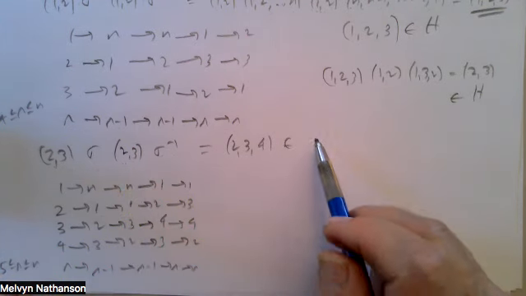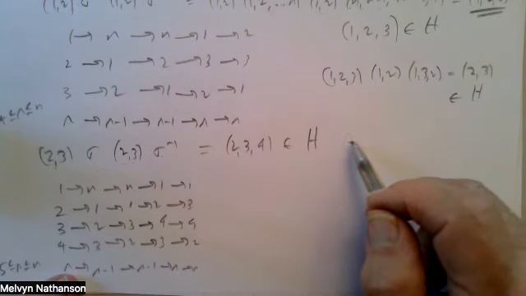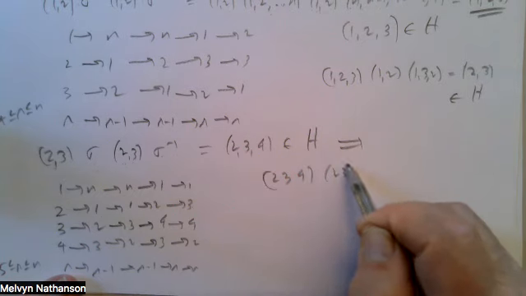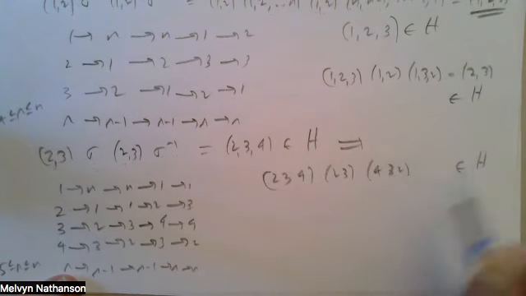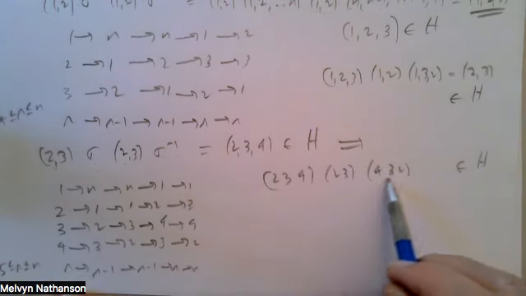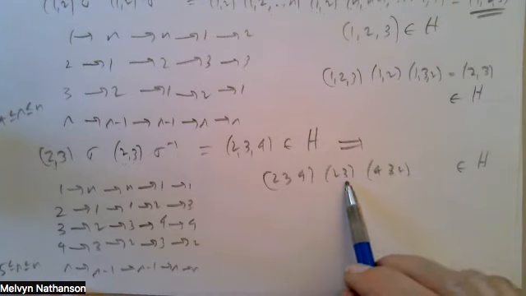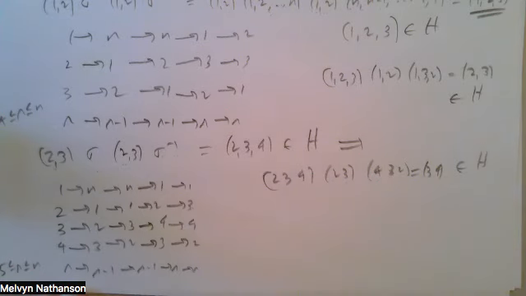So 2, 3, 4 is in H. And if 2, 3 and 2, 3, 4 are in H, 2, 3, 4 times 2, 3 times 4, 3, 2 is also in H. And this permutation sends 2 to 4 to 2, 3 to 2 to 3 to 4, and 4 to 3 to 2 to 3. So 3, 4 is in H.